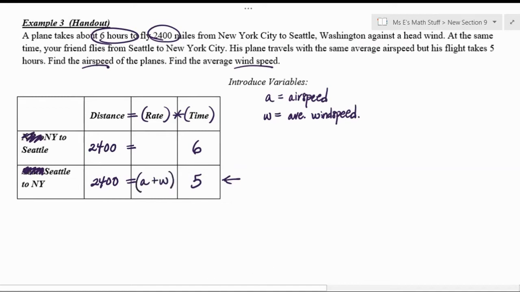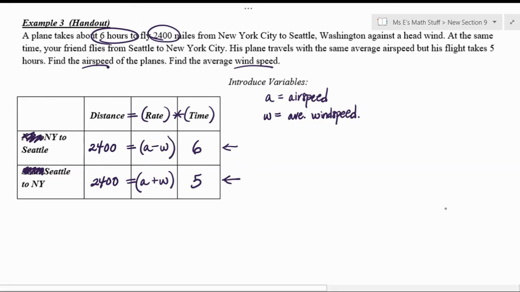So the rate for the Seattle to New York trip would be airspeed plus wind speed. But the New York to Seattle trip took longer because the wind was slowing the airplane down. So in that case, the rate would have been the airspeed minus the wind speed. Hopefully that makes sense, everybody.